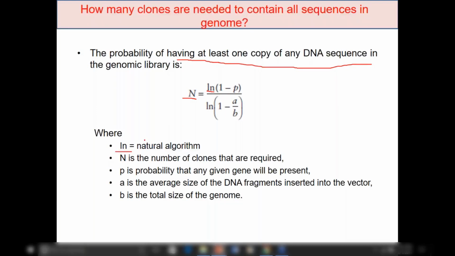N is the number of clones that are required. P is the probability. A is the average size of the DNA fragment inserted. B is the total size of the genome. Understood?